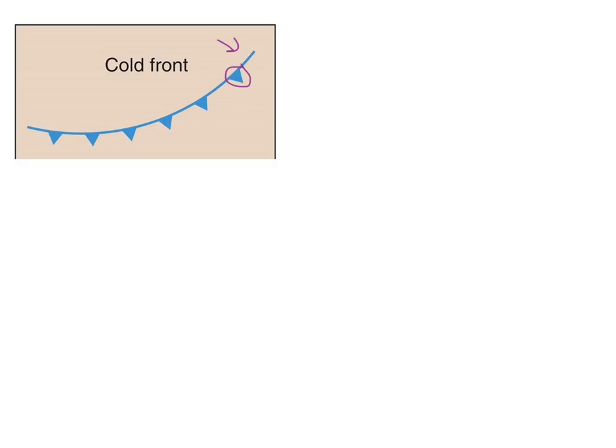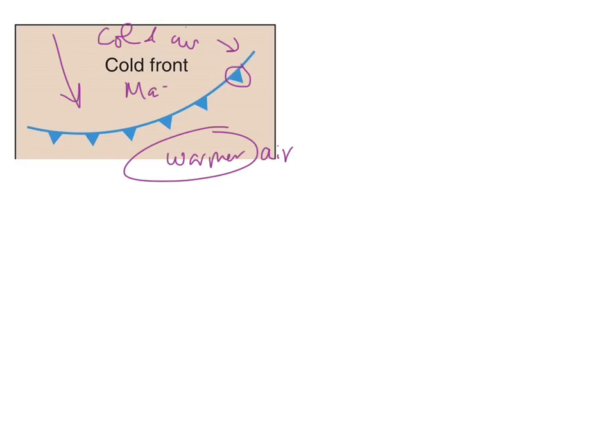So your whole air is moving this way, and the air that's the aggressor is cold air, moving into warmer air. Relatively speaking, right? Let's use what we talked about Friday: cold air mass on the move.